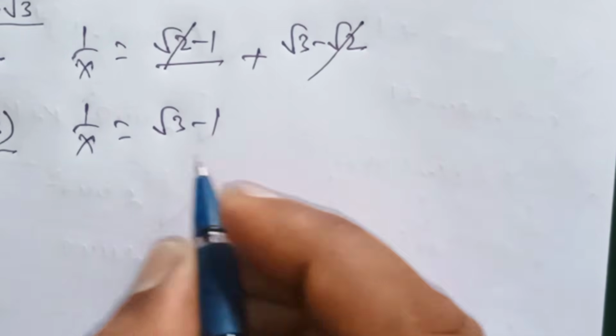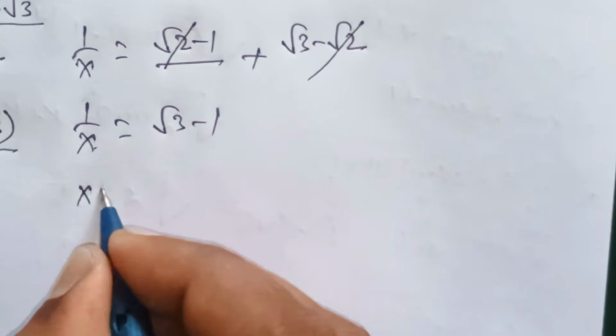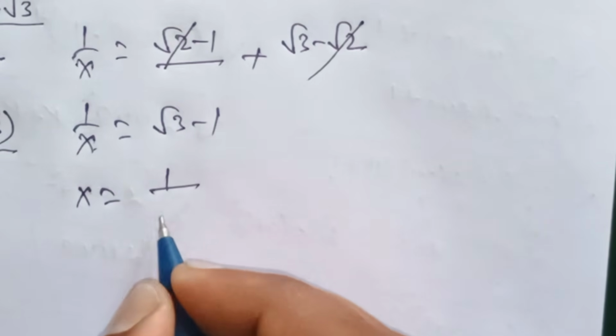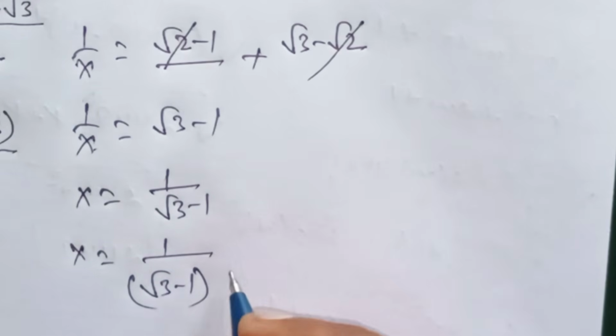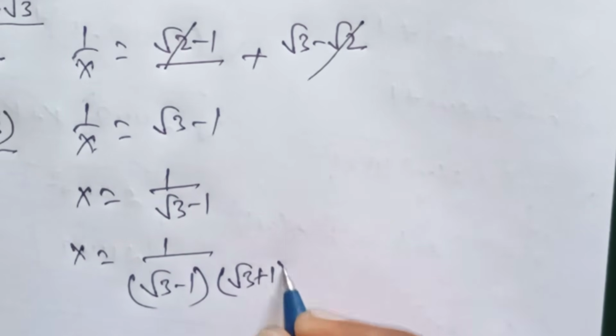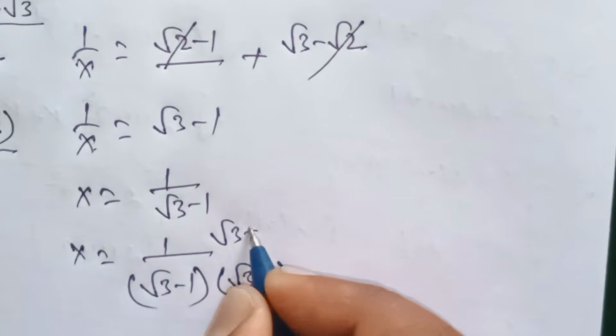So taking the reciprocal, x is equal to 1 divided by root 3 minus 1. So x is equal to 1 divided by root 3 minus 1, into root 3 plus 1 over root 3 plus 1.